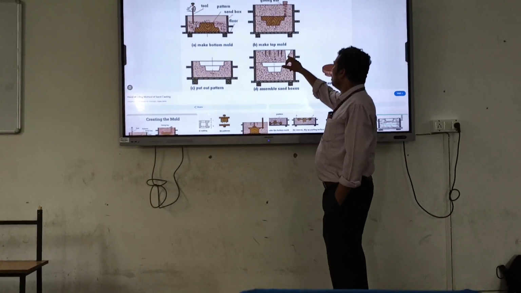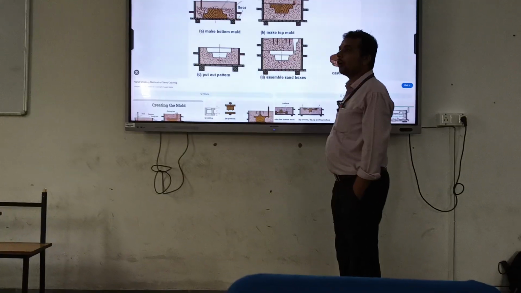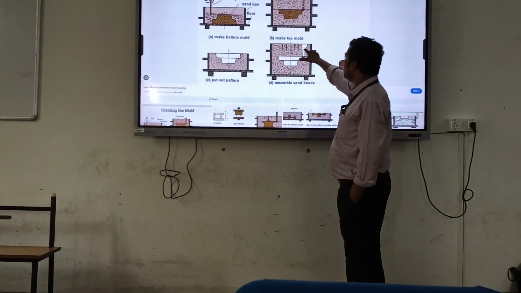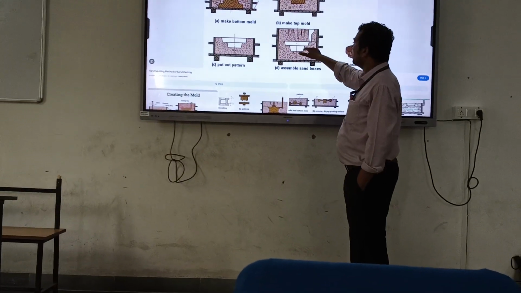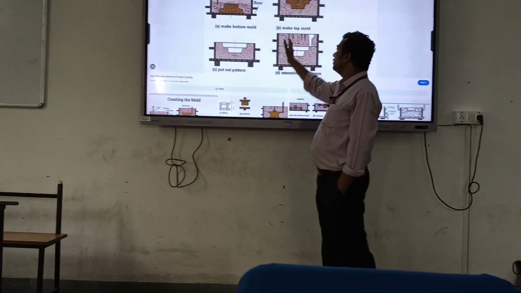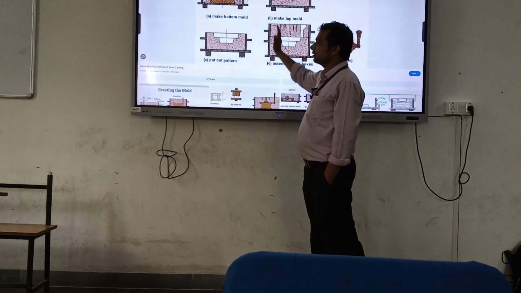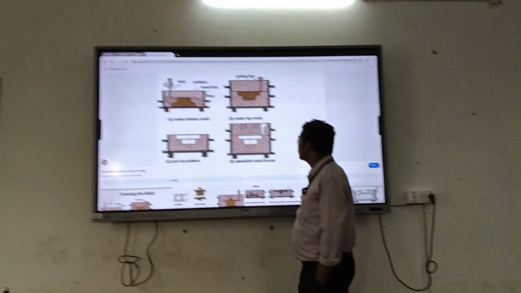After removing the metal rod and wooden rod, we will get the runner, and on this side we will get some risers. The same structure is also visible on these sides.